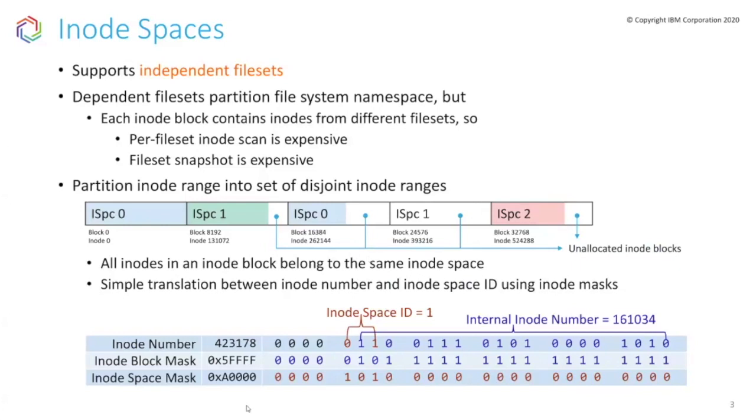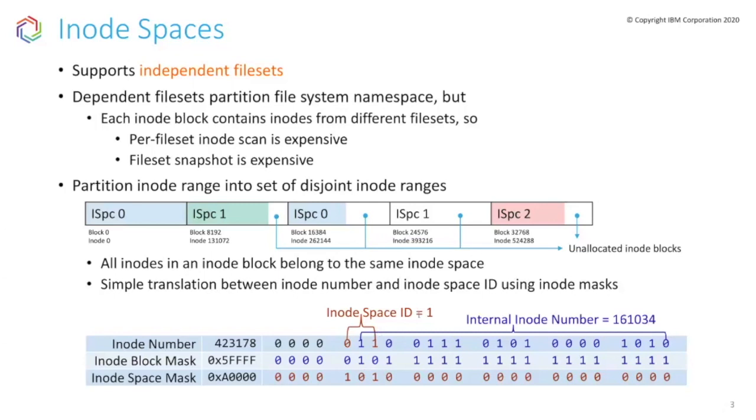And if you see this example here, given the inode number 423178, you can eyeball the above range and determine that it must come under inode space 1. And it's just as easy to determine programmatically, because if you see here, the masks isolate the inode number. The inode number taken out leaves the inode space ID, which translates to 1.